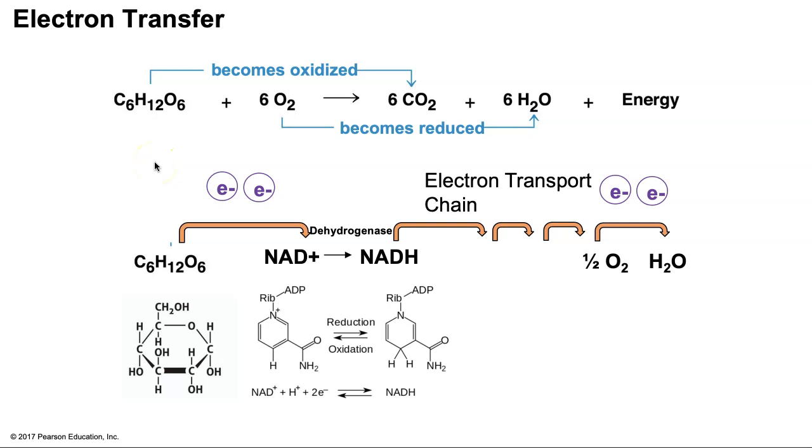We're going to step through it, but there's, I don't know, maybe 30 or so reactions in between all of this. So this is just a very complex system of electron transfer whereby they get ripped off, oxidized from our glucose, and eventually get added. The electrons get added onto the oxygen, and we create water and carbon dioxide.